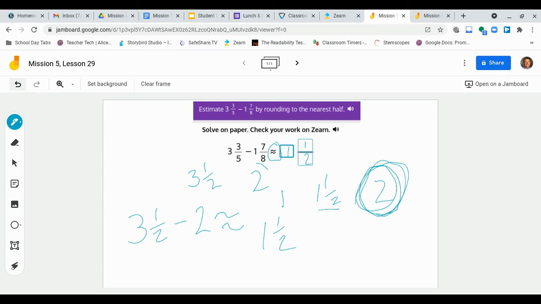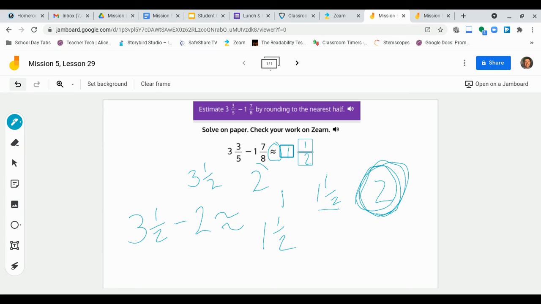So solving today, you're either going to have to subtract or add 2 mixed numbers, so you have a fraction in there. Then you're going to use your benchmarks of a half and ask, is it closest to the half? Is it closest to the number before?